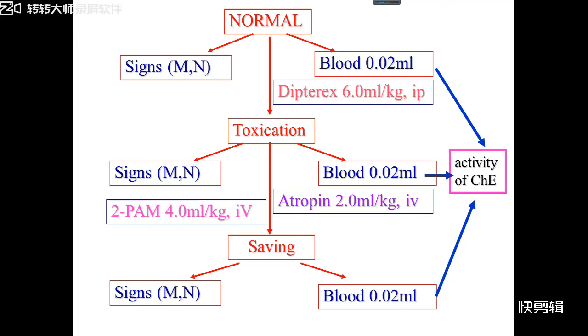And we use two drugs to save the life. One is atropine, the other one is pralidoxime, a cholinesterase reactivator. Prevention of organophosphate intoxication is very important. In the treatment of acute organophosphate intoxication, simultaneous use of atropine, repeated use of atropine, and use of a cholinesterase reactivator is very effective.